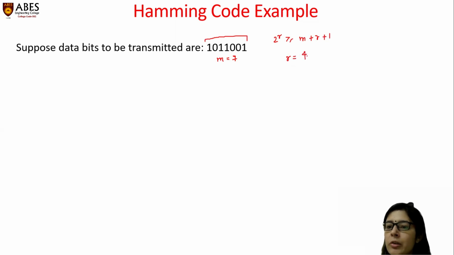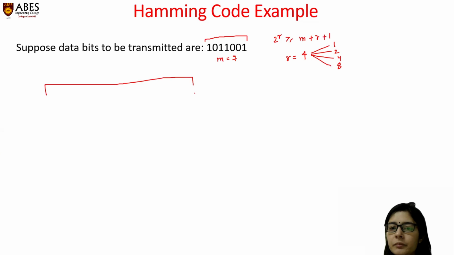So now we know that redundant bits are 4, and we always place these redundant bits at the powers of 2. So we will place these redundant bits at position 1, 2, 4, and then at position 8. So we will design one box.